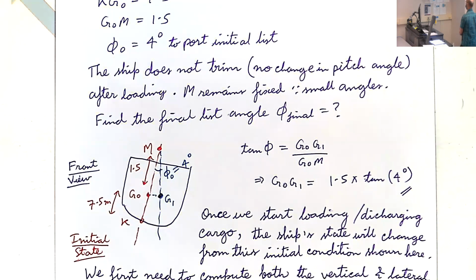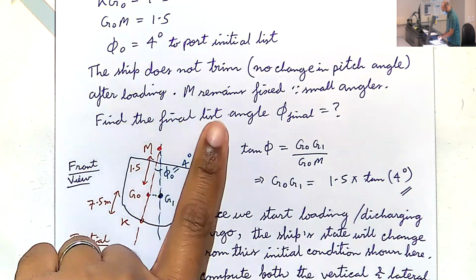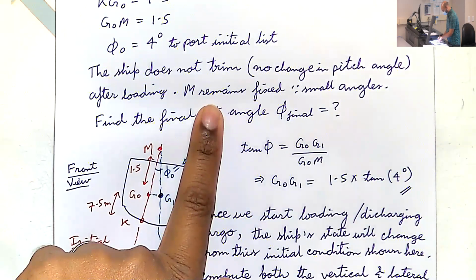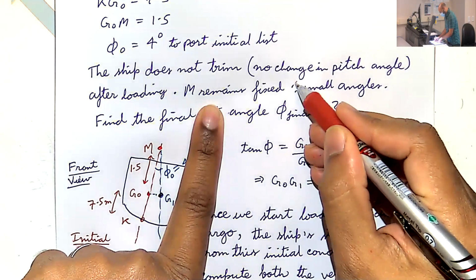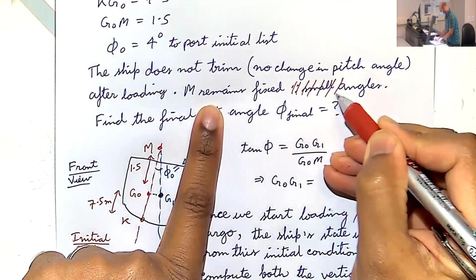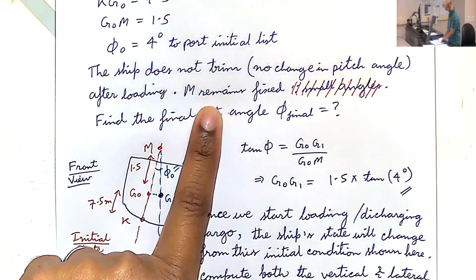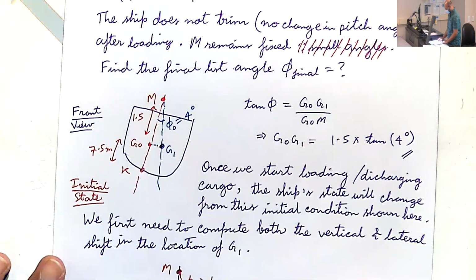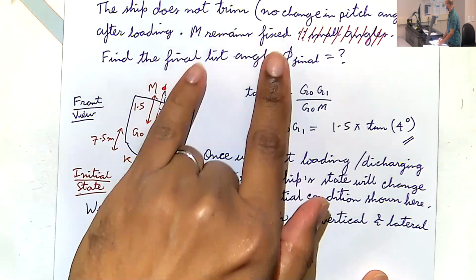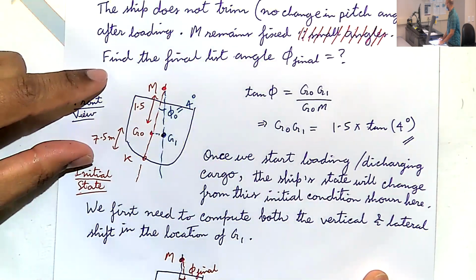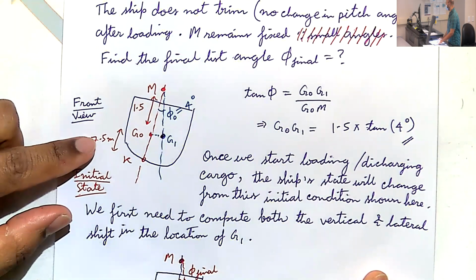So delta would change slightly. Yeah. So if the change in displacement is substantial, M would change, but in the problem we're told M remains fixed. Let me get rid of this small angles qualifier. Okay, so KM basically remains at 9 meters, 7.5 plus 1.5.